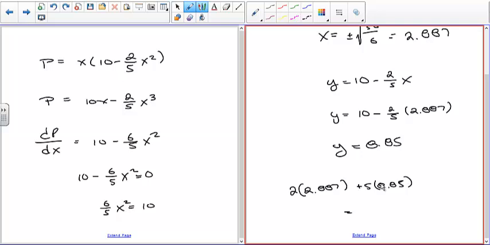Oh, I got to square that. What did that do here? I don't know what it did.